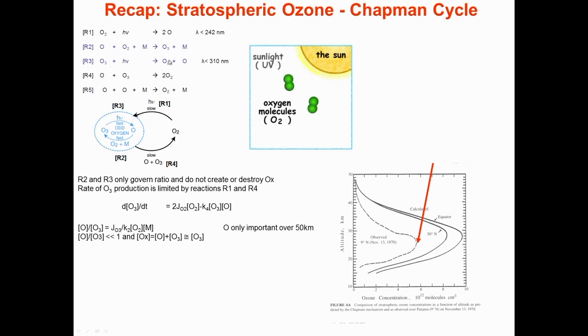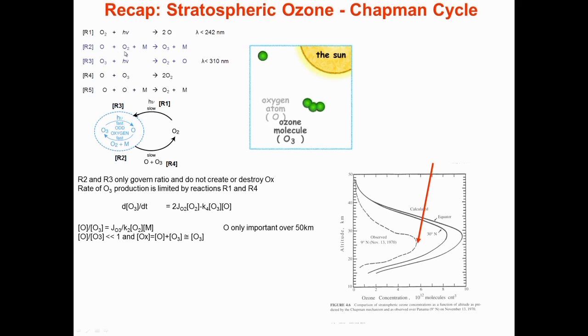Ozone can then photolyze to re-release molecular oxygen and atomic oxygen. Atomic oxygen can react with ozone to produce molecular oxygen, and then recombination in a three-body reaction of atomic oxygen can lead to molecular oxygen production. So you've got a whole bunch of very fast odd oxygen chemistry, production of odd oxygen, and then loss of odd oxygen.